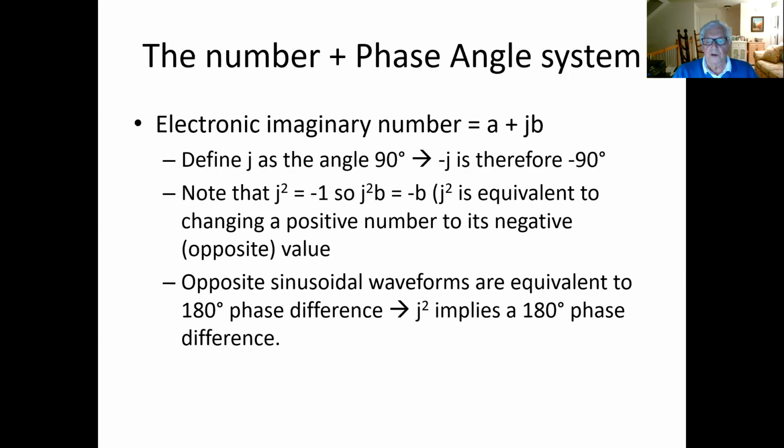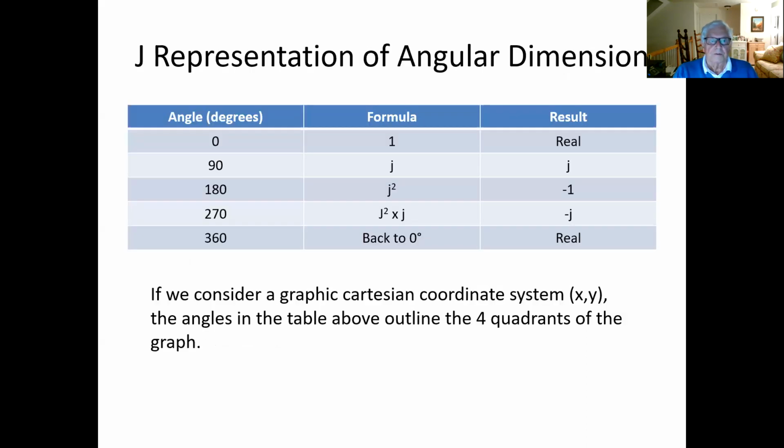To give some further meaning to it, we know that sinusoidal waveforms that are opposite one another are 180 degrees apart. 180 degrees then represents a j squared, so j squared implies a 180-degree phase change. So we can create a little table to show what is meant by angles and j's. At 0, it's a real number, so you multiply the number by 1.